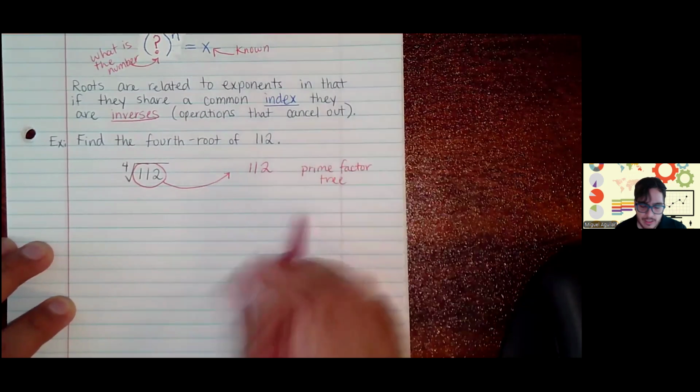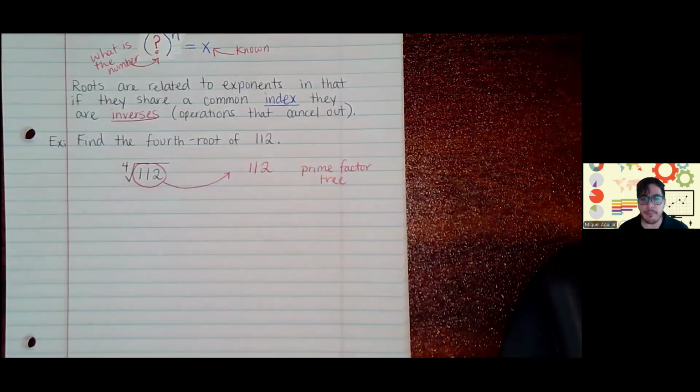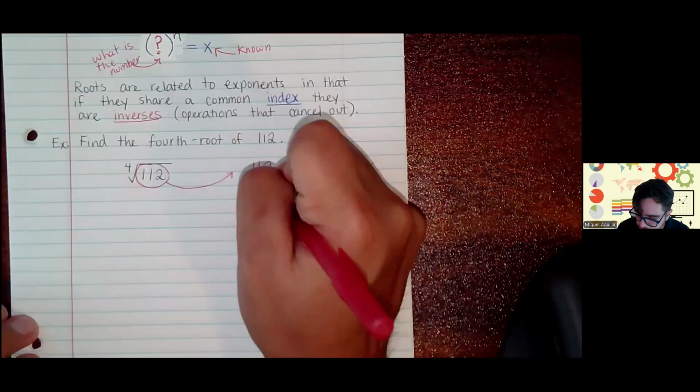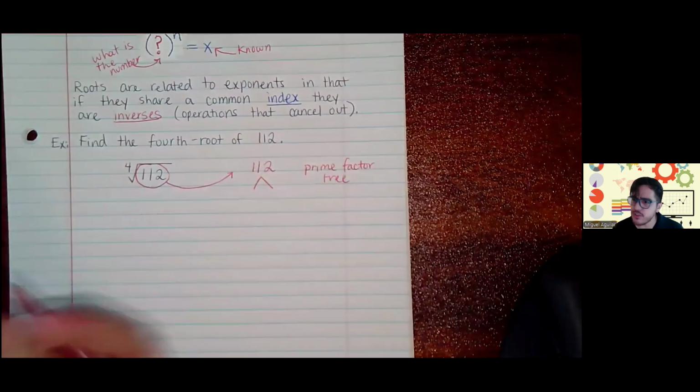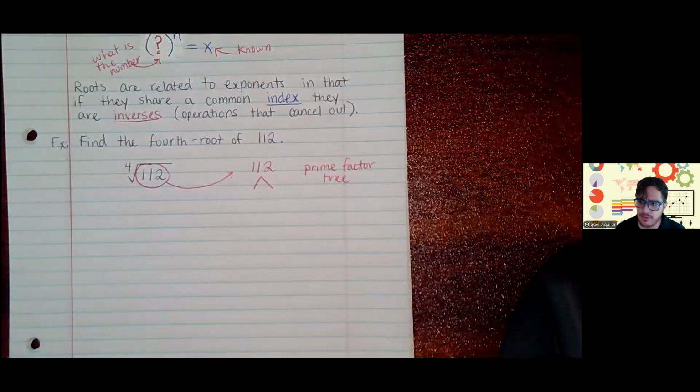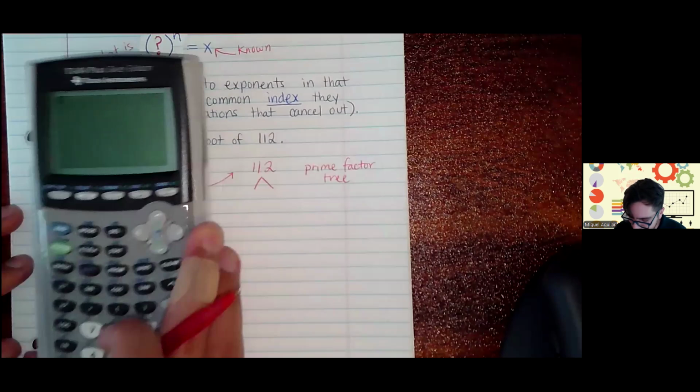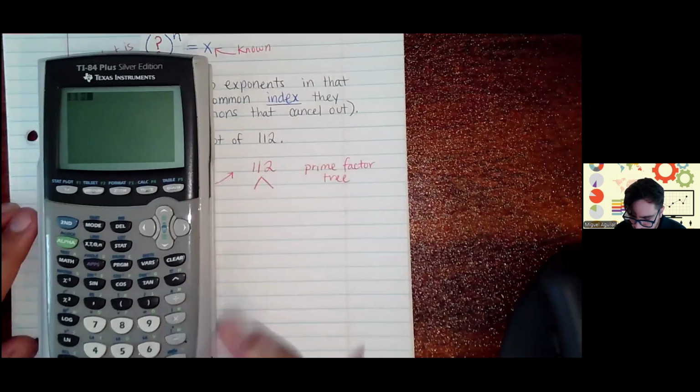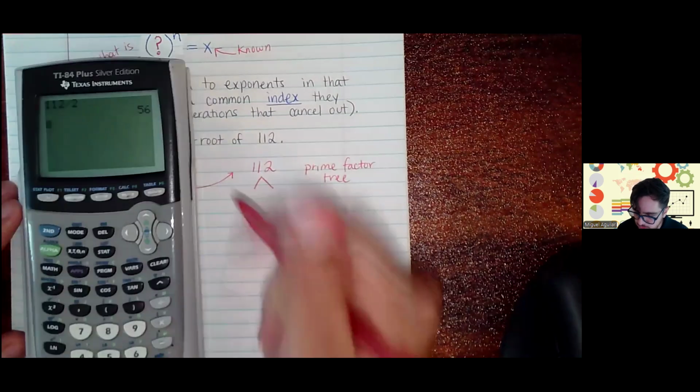With that prime factor tree, we want to think of any two numbers that will multiply to make 112. If nothing is coming to your head immediately, I know that 112 is a non-standard number that we don't work with in our times tables. So what you might do is grab your calculator. I know it's an even number, so let's just divide it by half, divide it by 2.